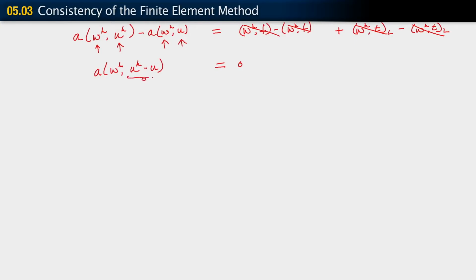Now look carefully at that term, UH minus U. It gives us the difference between the finite element solution and U, which is the solution to the infinite dimensional weak form. The solution to the infinite dimensional weak form would be the exact solution. Okay? So UH minus U is a very special, very important measure of our numerical method.